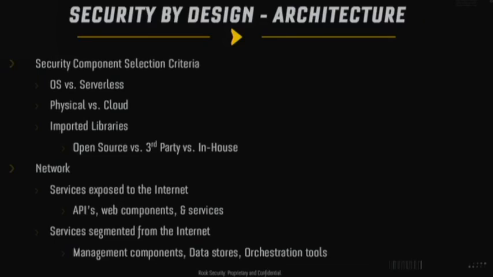One of the things that we see as well during our code analysis is the considerations in the libraries that are used and imported, whether they are third-party or built in-house or open source.